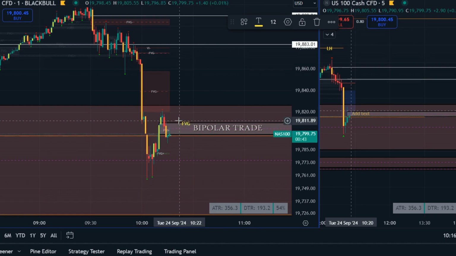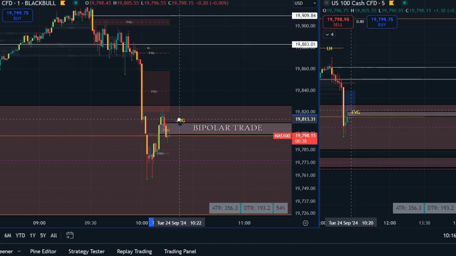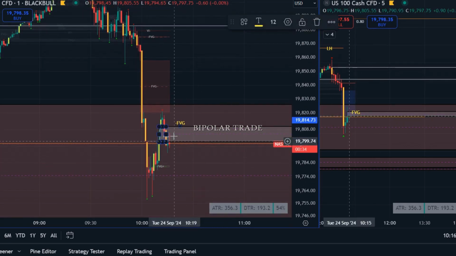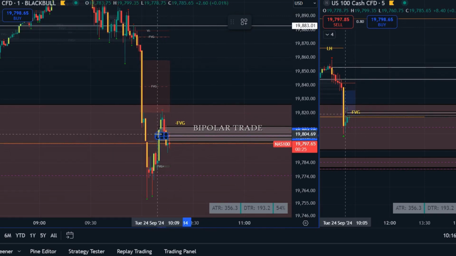Inversion fair value gap. This becomes the BPR. This becomes the BPR.